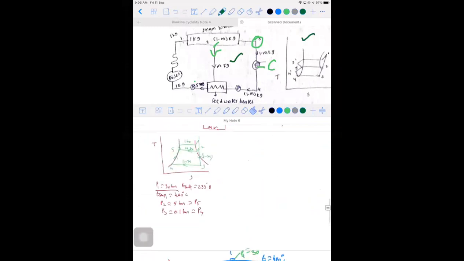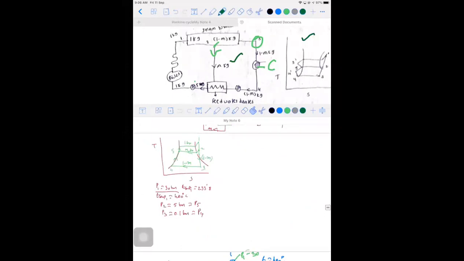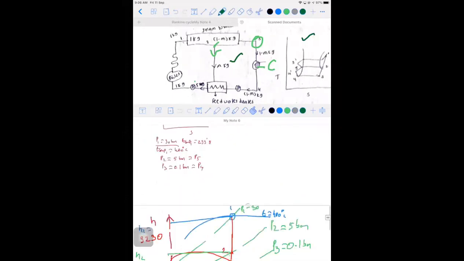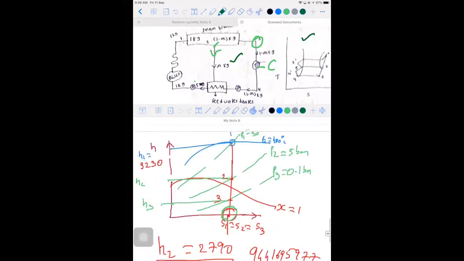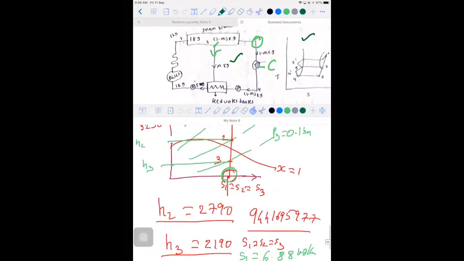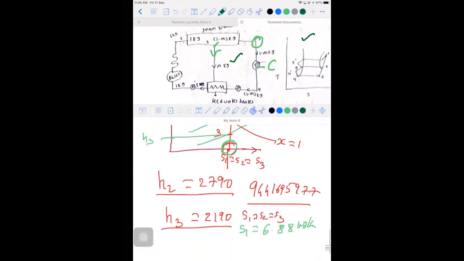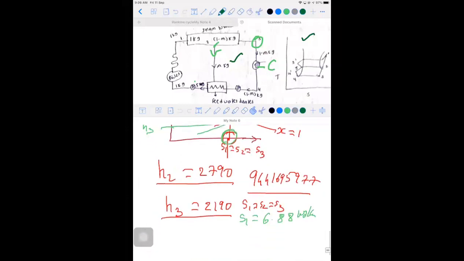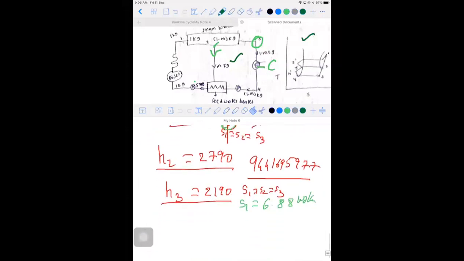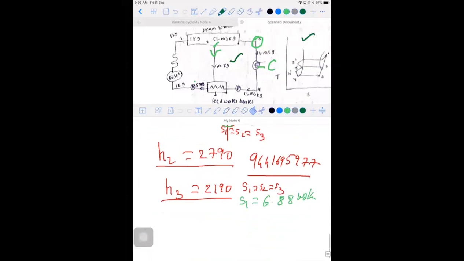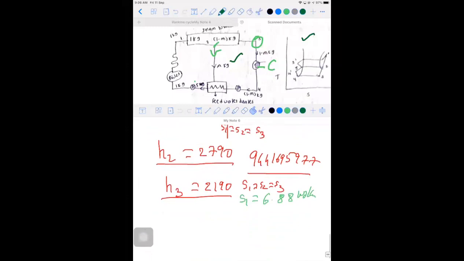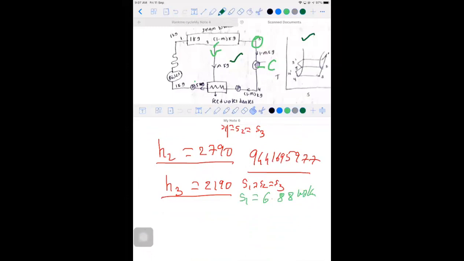We have to solve this problem in two ways: one with the regenerative cycle, and then compare to the values obtained without the regenerative cycle. Then you can know the advantages and disadvantages of the regenerative cycle over the ordinary cycle.